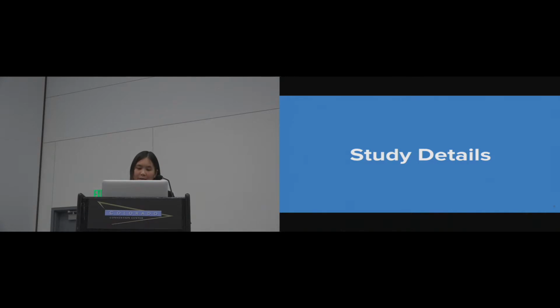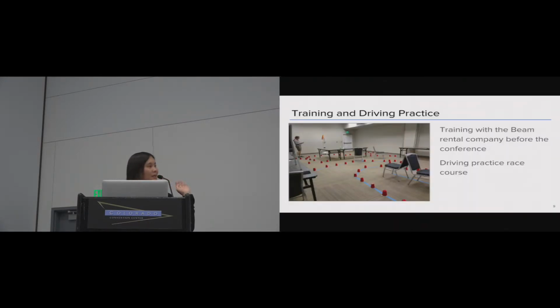So with all this talk of scaling things up, what did we actually do? To start off, we rented 10 Beams, which are commercial telepresence systems, and remote users were given a training session by the Beam rental company so that they could gain some proficiency in driving the robot around. In addition, we offered a practice race course so that users could hone their driving skills and address concerns about colliding with other people.